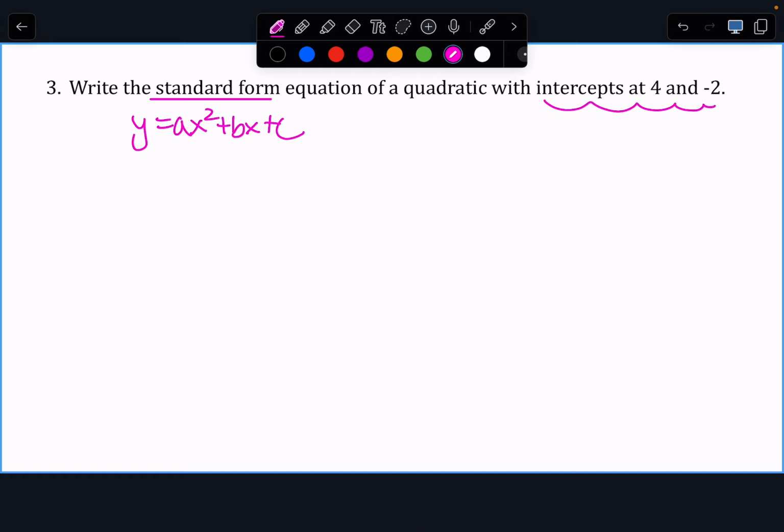Then we would have to find the axis and center. We could actually do it without. Would you make it x plus 2 times x minus 4? How did Ella get those?